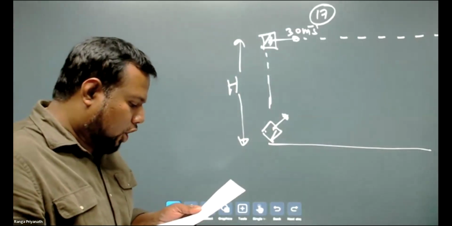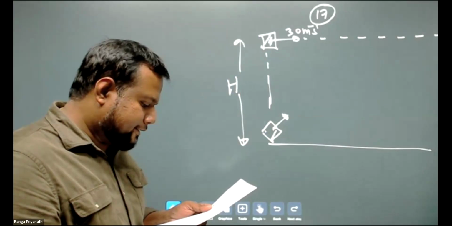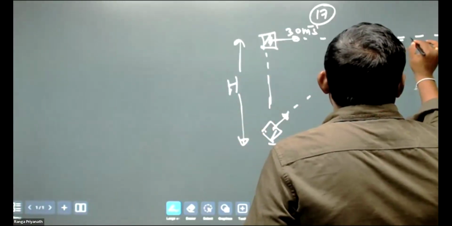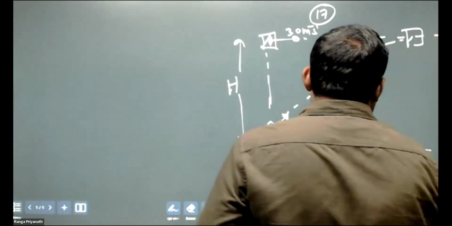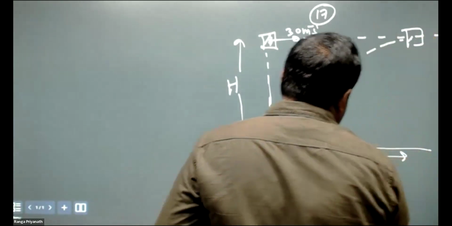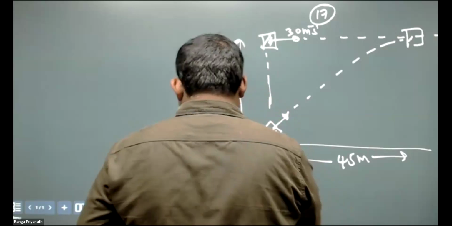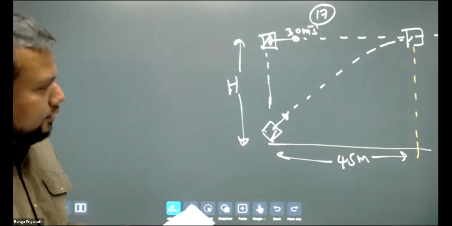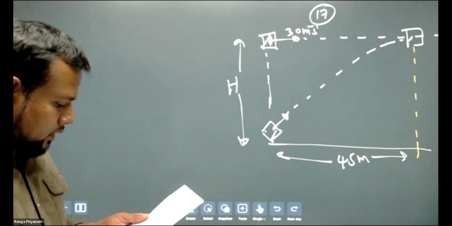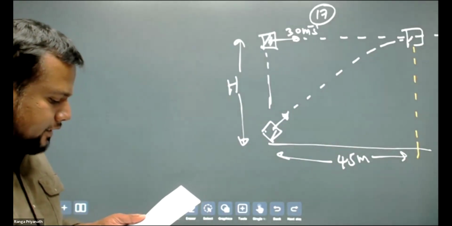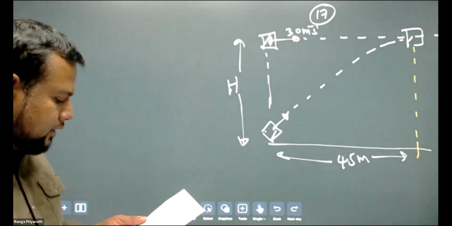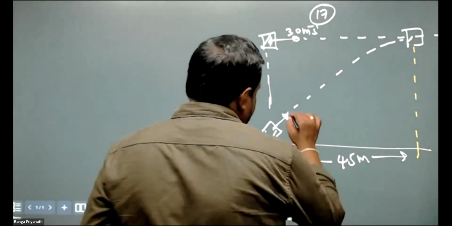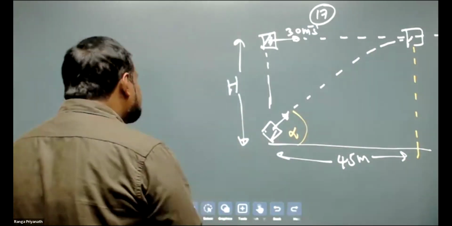The aircraft should be shot at when its horizontal distance is 45 meters from the gun. At this point it is shot, 45 meters from here to there. If the aircraft passes vertically above the gun, how inclined to the horizontal must the gun be? Let's say that angle is alpha.